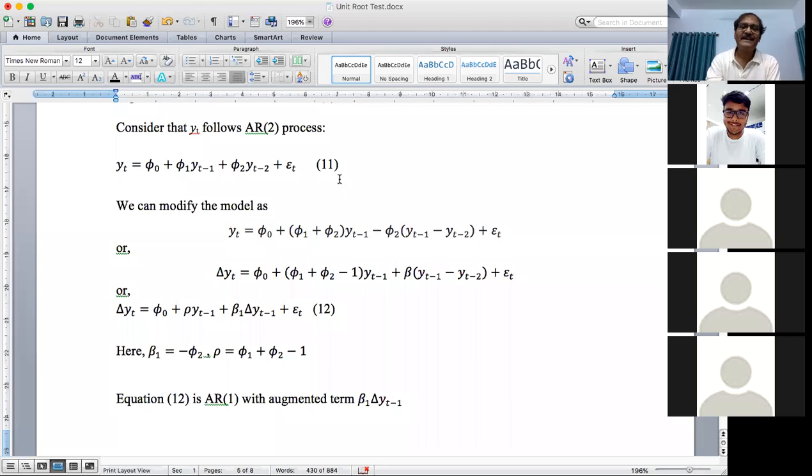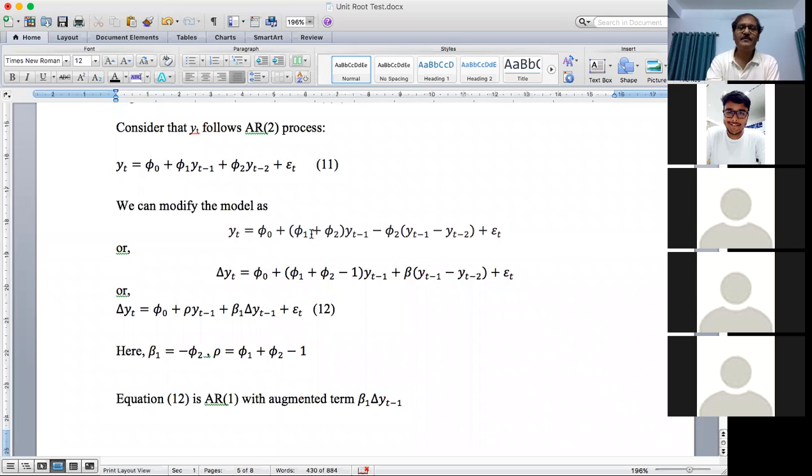So how can we write equation 11 in this format? The second component can be written in this way. In the next step, we have subtracted Yt minus 1 from both sides. So the left hand side becomes delta Yt. Phi naught still remains phi naught.